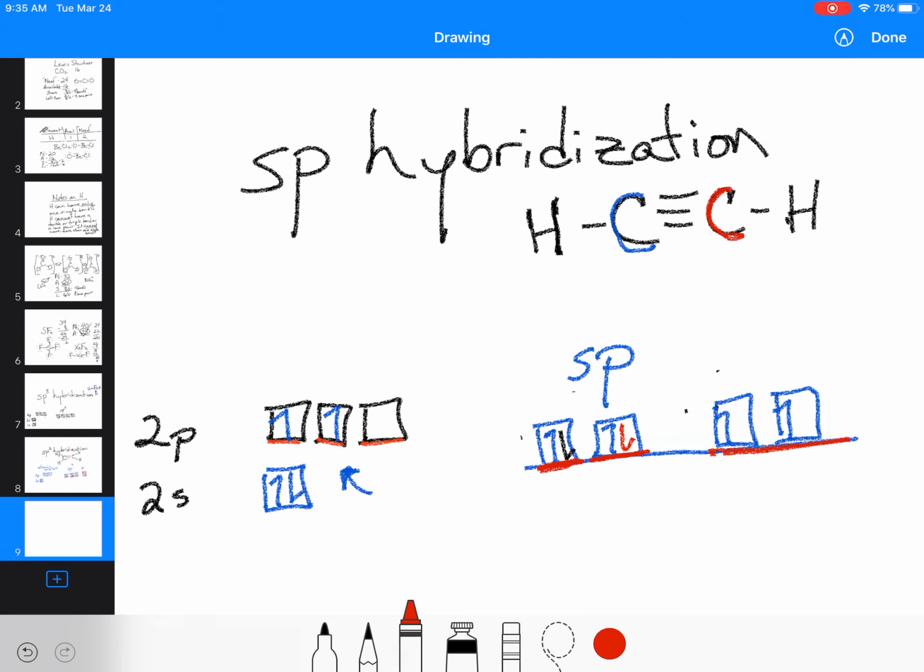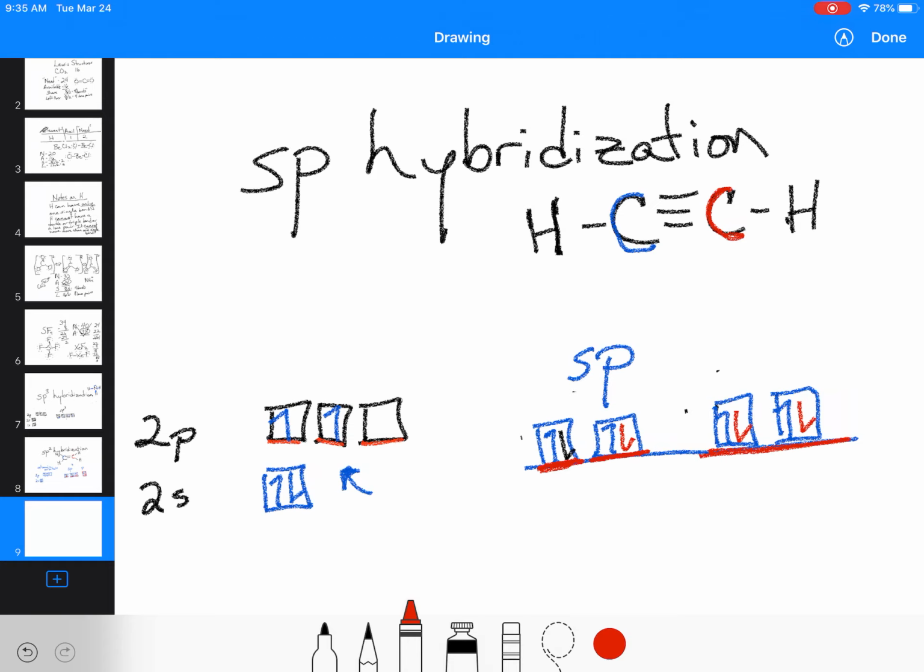However, we have these p orbitals out here that each have one electron from the original blue carbon, and they are also going to share with one electron from each of the red carbon's p orbitals. These two p orbitals will go into forming these multiple bonds.